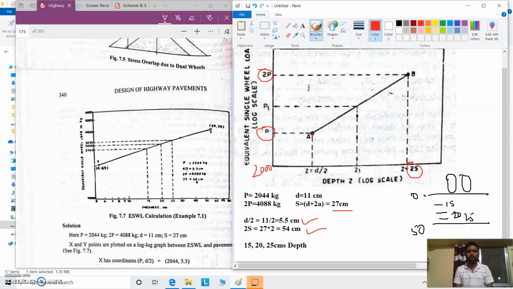That is the case we can analyze by using the semi-log graph. If you use a normal graph, it is not capable of plotting this D by 2 to 2S, and in between D by 2 and 2S we cannot obtain enough values to get the equivalent single wheel load.